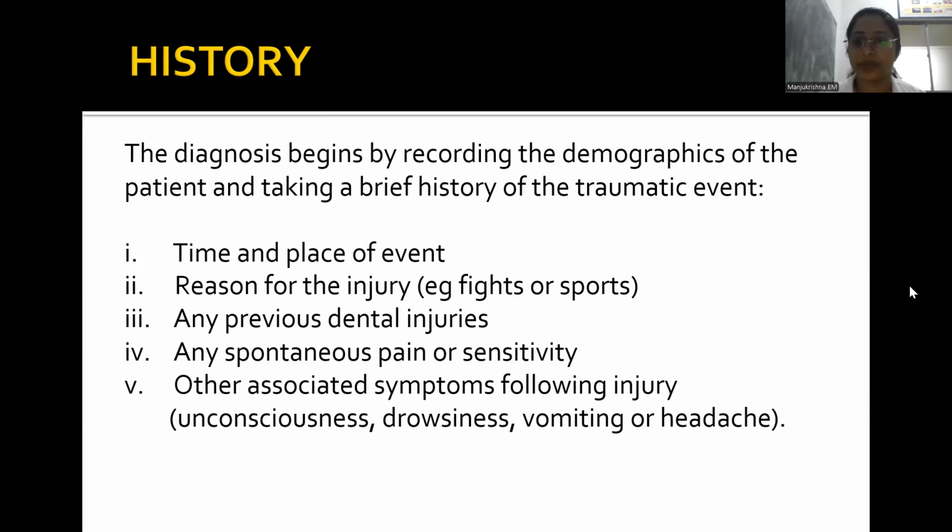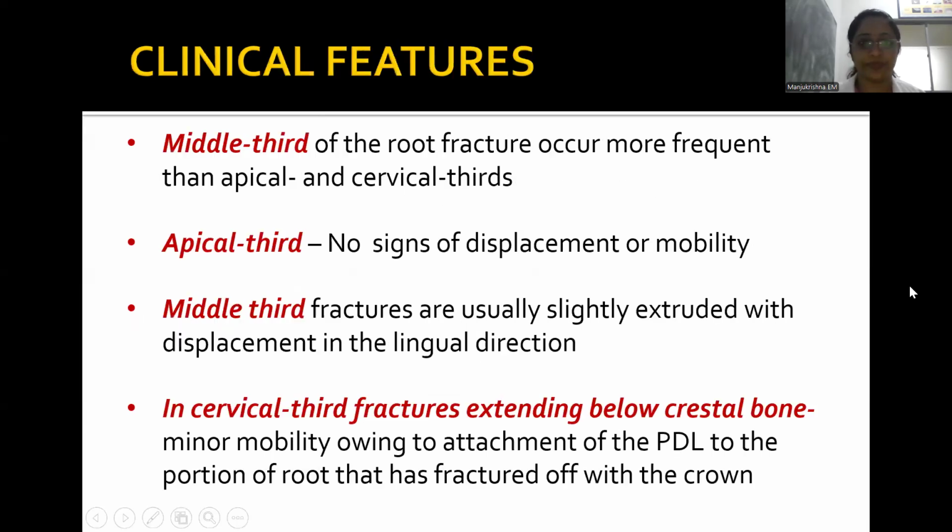Next, clinical features, which we can divide into middle third, apical third, and cervical third. Fractures in the middle third are more frequent than in the apical and cervical thirds. In the apical third, there may be no signs of displacement or mobility. In the middle third, the tooth is usually slightly extruded in the lingual direction.